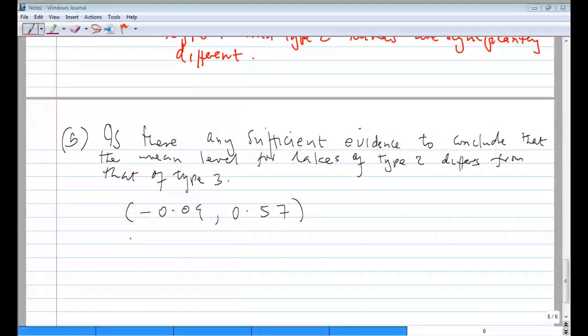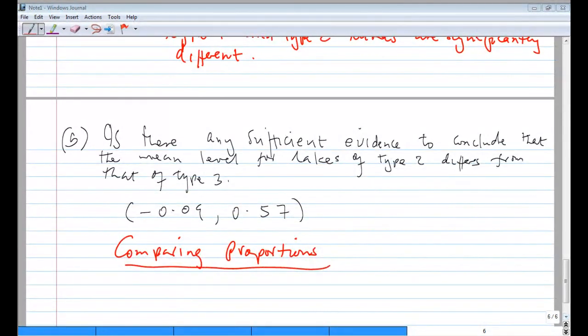So like I said, we are comparing the estimates. We started by comparing means. Now we are going to compare the proportions.